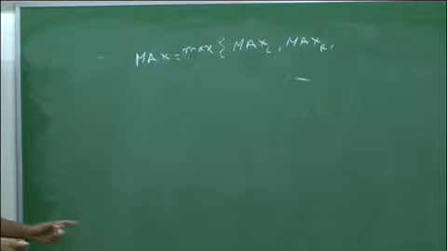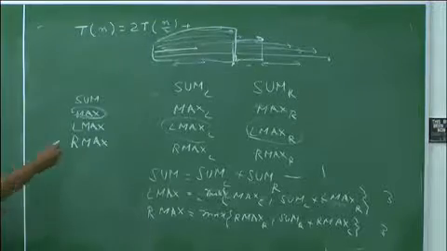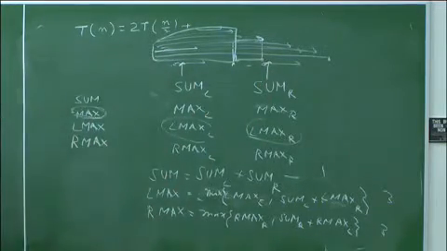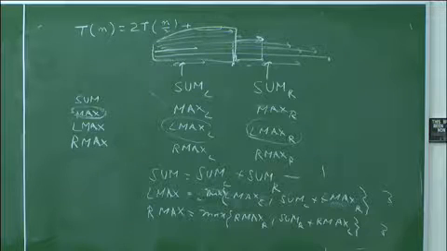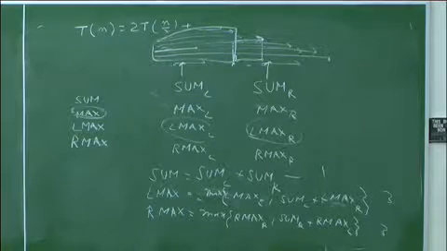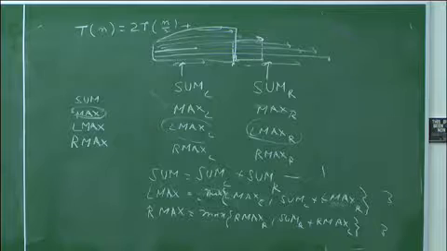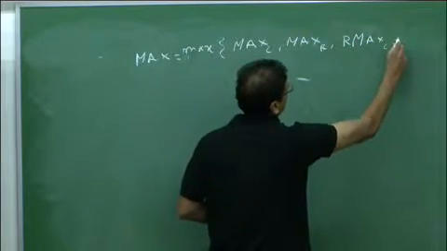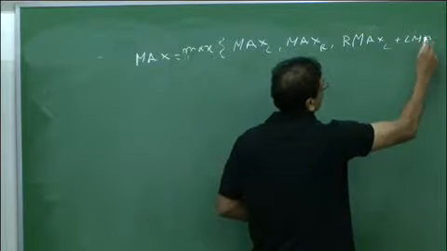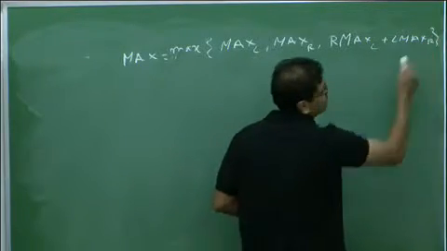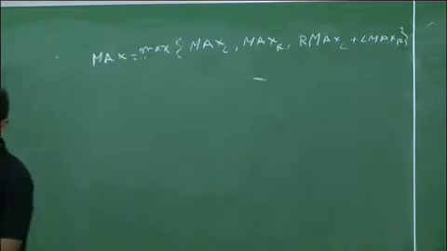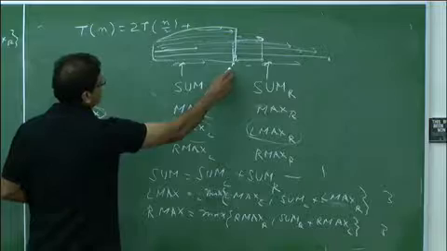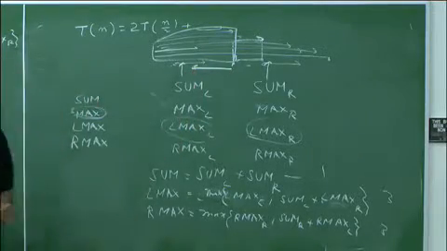Now, the third scenario is I start somewhere here and end somewhere here. So, it will be nothing but R max of L plus L max of R. All I am saying is R max of L is something which starts on the left hand side, starts from here and goes all the way here, the maximum of that.